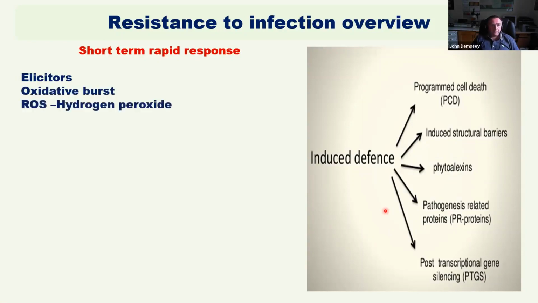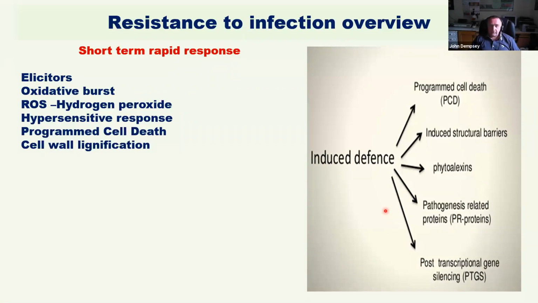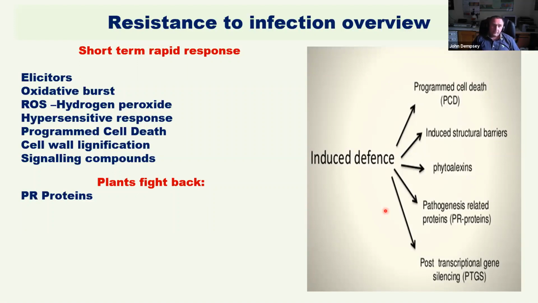You have the oxidative burst, the production of hydrogen peroxide, and the hypersensitive response, cell death trying to contain the infection. Other cells are strengthened through lignification. Then signaling compounds go out to other parts of the plant while that's going on. Plants begin to fight back, first in the infected area and then throughout the whole plant.